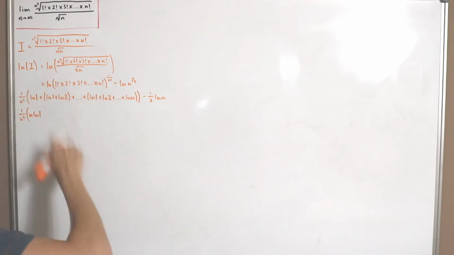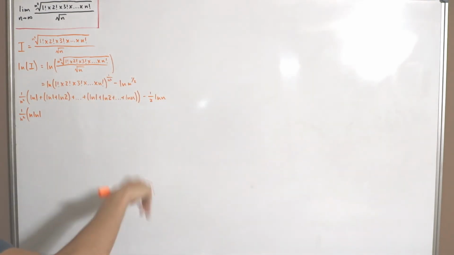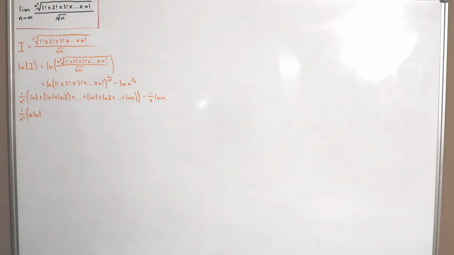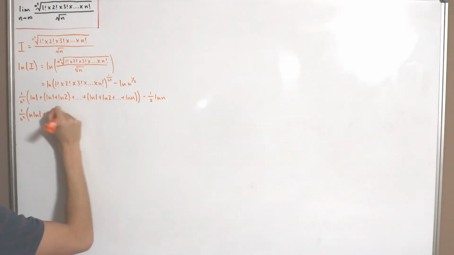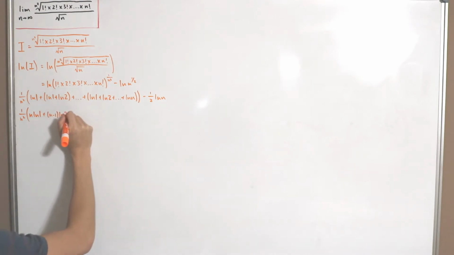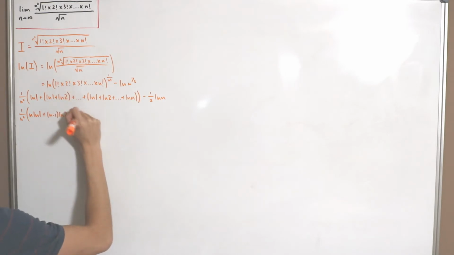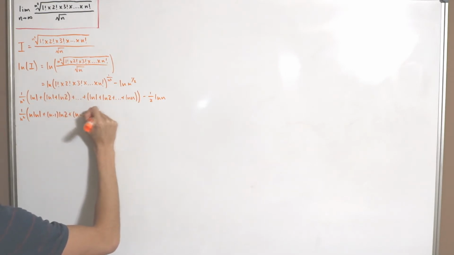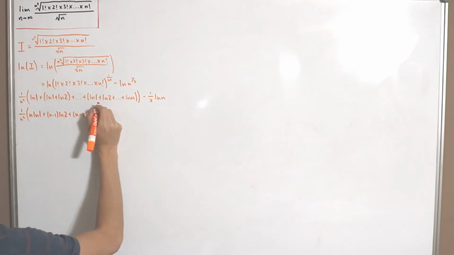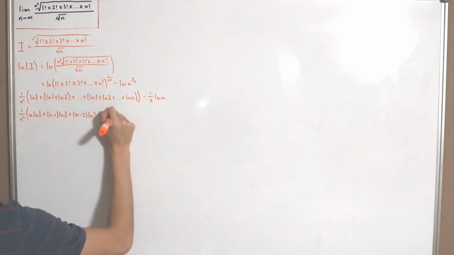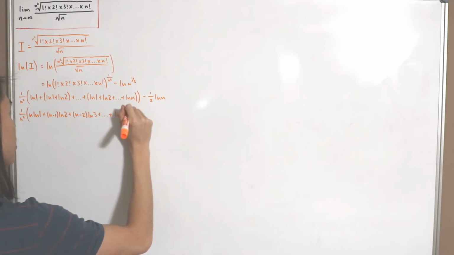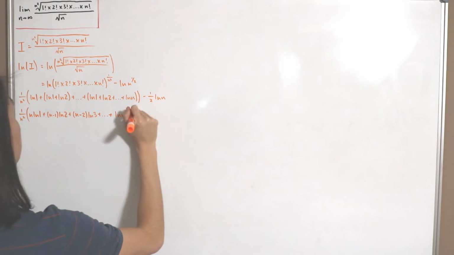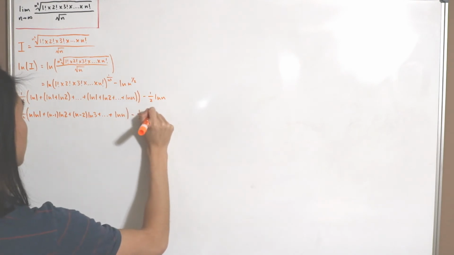So we have plus n minus 1 of ln of 2, then decreasing by 1 again, n minus 2 of ln of 3, plus dot dot dot, and then we only have one term for ln of n. Then subtract 1/2 multiplied by ln of n.